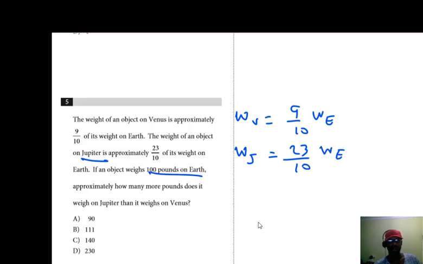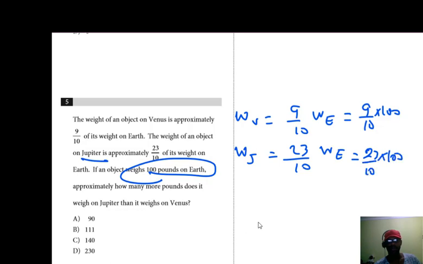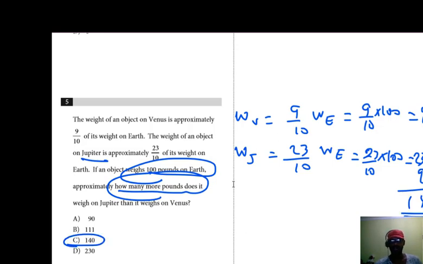So if an object weighs 100 pounds on Earth, maybe we can substitute 100 for the weight on Earth in both cases. 23 over 10 times 100 gives 230, and here we will have 90. Approximately how many more pounds does it weigh on Jupiter? We're comparing, so to find that, just subtract and we will get 140 more.